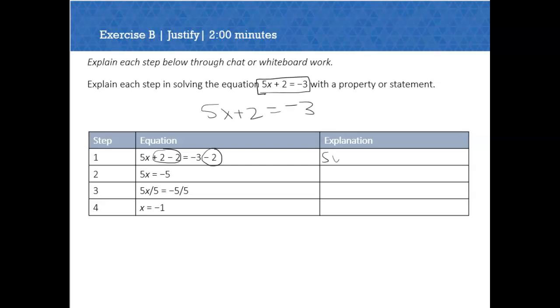So that's just the subtraction property of equality. 5x equals negative 5, so they just simplified that right side. They simplified both. So they had 5x equals negative 5, so they divided both sides by 5, so that's just the division property of equality, and then they simplified. So that's all that we're doing. They just come up with some fancy words for our steps here.